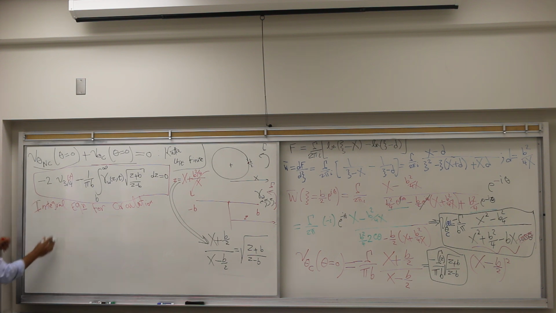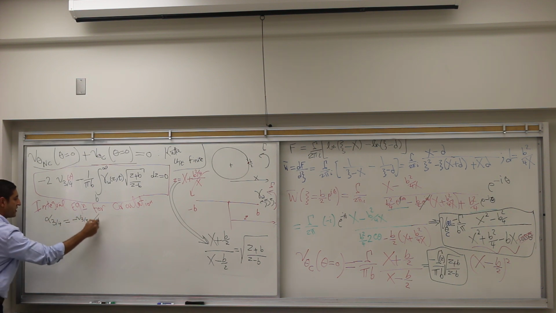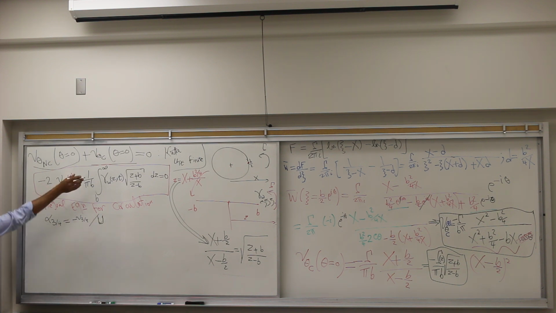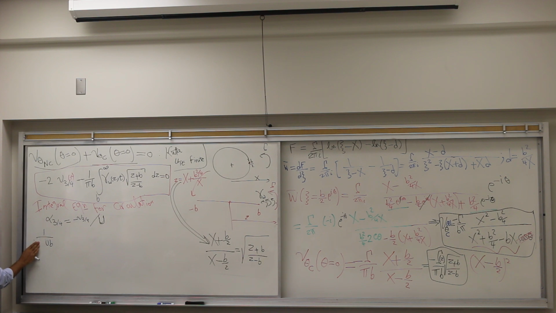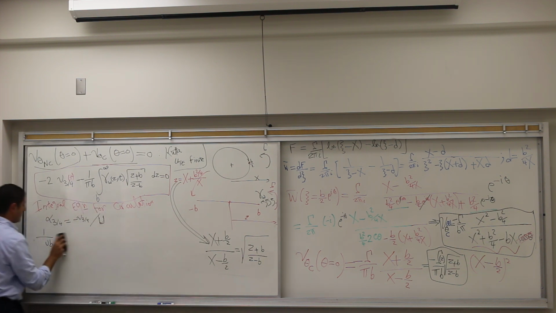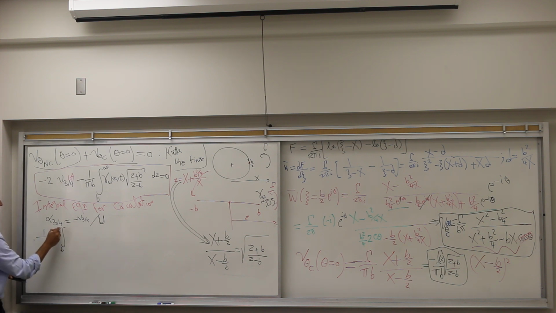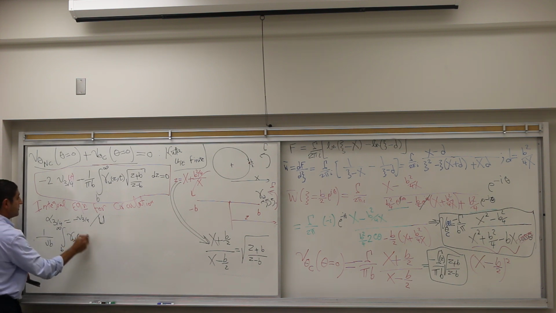So I'm just reminding you that the angle of attack at the 3/4 chord is this quantity divided by U infinity. So I'll just rewrite this equation as 1 over pi U b, times the integral of gamma wake as a function of z and t, equals 2 pi alpha 3/4.